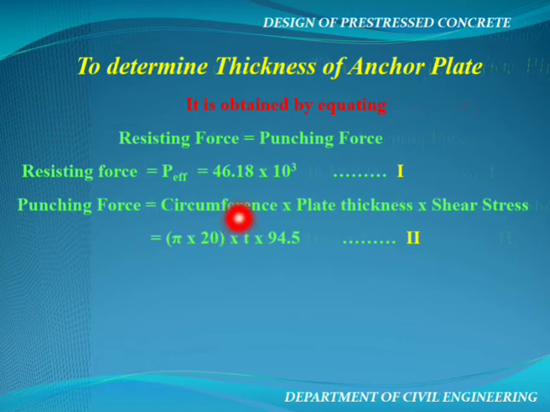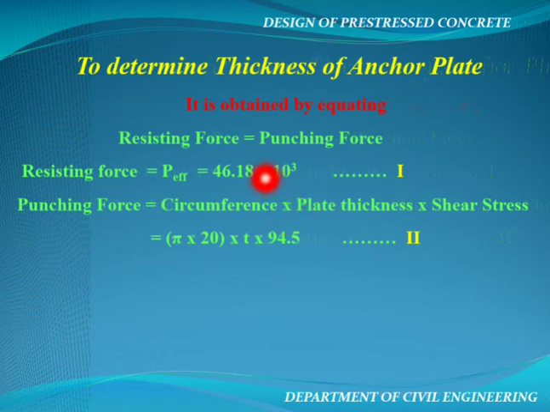Circumference into plate thickness into shear stress. Now circumference is the circumference of the duct. The duct is of 20 mm diameter, so pi into 20, because the formula for circumference is pi d. So pi multiplied by 20 into thickness of the plate, T, which is unknown, into permissible shear stress, which is given as 94.5. This is given data.